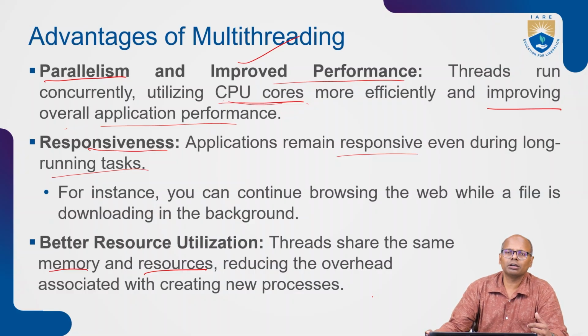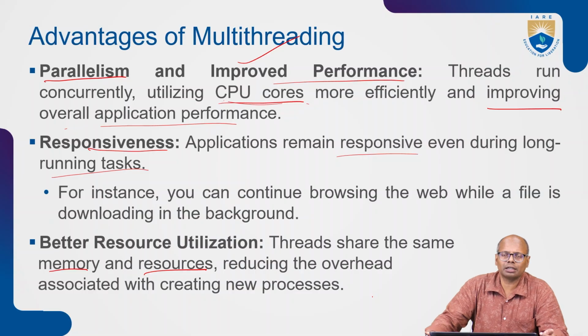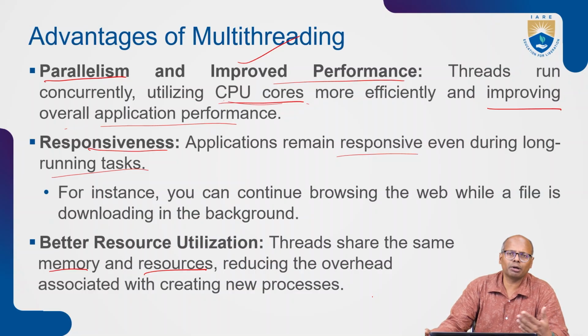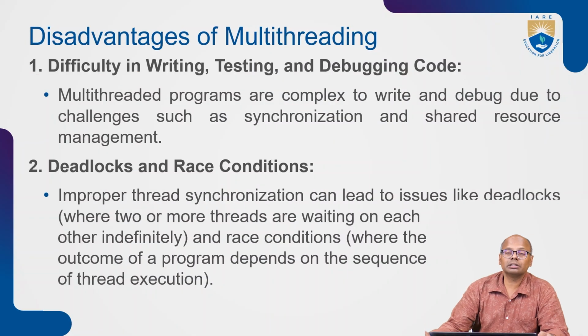The processor is also going to be utilized better, and the memory is also used in an optimal way. Now, the disadvantages of multi-threading: the difficulty in writing, testing, and debugging the code.